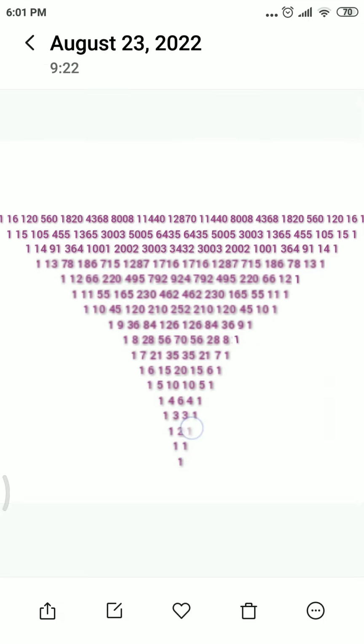In fact, 1 is 11 raised to 0, 11 is 11 raised to 1, 121 is 11 raised to 2, 1331 is 11 raised to 4. Like that, they are simply the powers of the number 11. And this triangle is also called the stairway to heaven in esoteric circles.